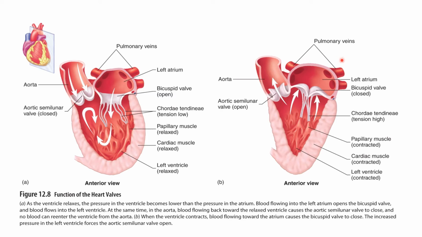Okay, and then here you see how the blood goes in when it is going to the aorta. Okay? So the bicuspid valve closes so that the blood will not backflow again. So it causes high tension with your chordae tendineae. Your papillary muscles are contracted. Your cardiac muscles are contracted, and the left ventricle is also contracted. And then the aortic semilunar valve is open.